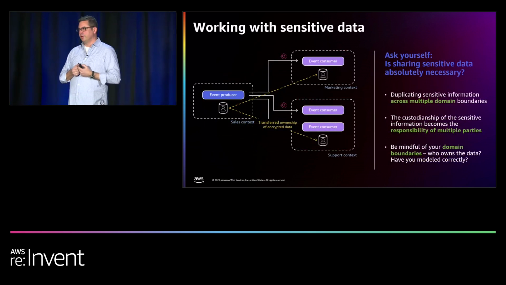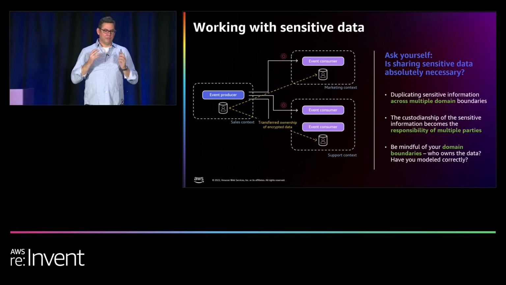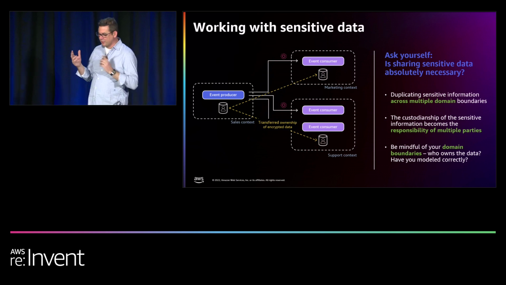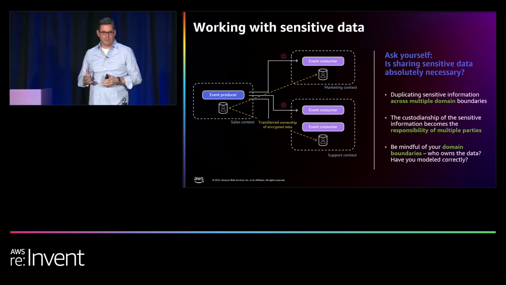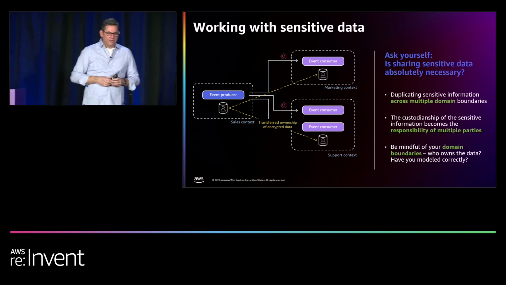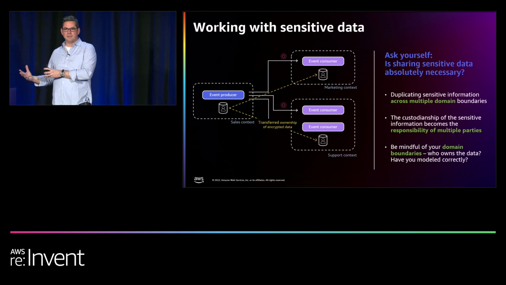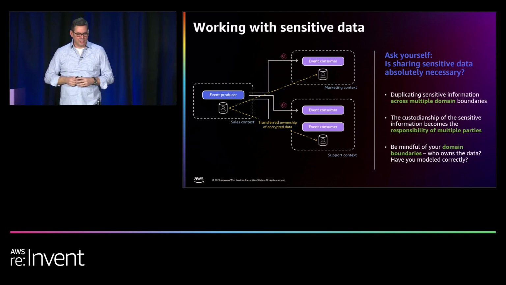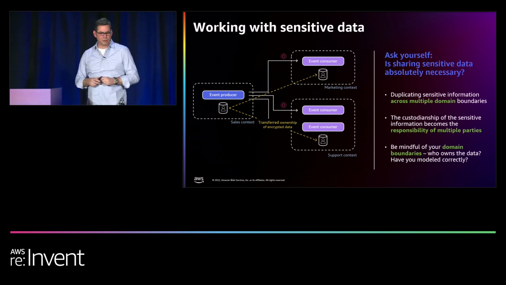But before you do this, I would ask myself, why? And for a very simple reason, because we're not just sharing events across potentially sensitive data across potentially multiple domains, right? We're fundamentally transferring ownership and responsibility of that sensitive information. And this action in itself can potentially, in some countries, violate some compliance laws.